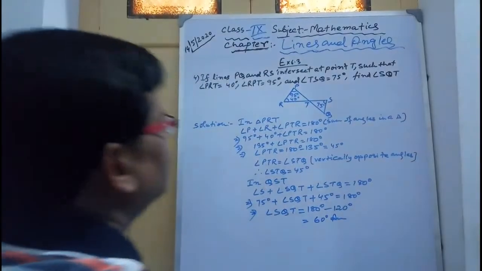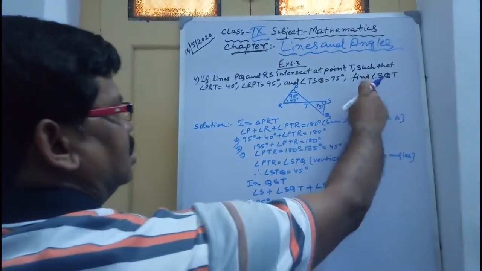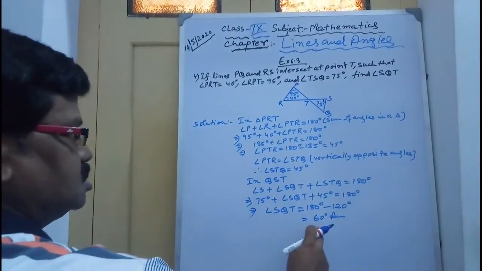So this is the answer: the value of angle SQT equals 60 degrees.